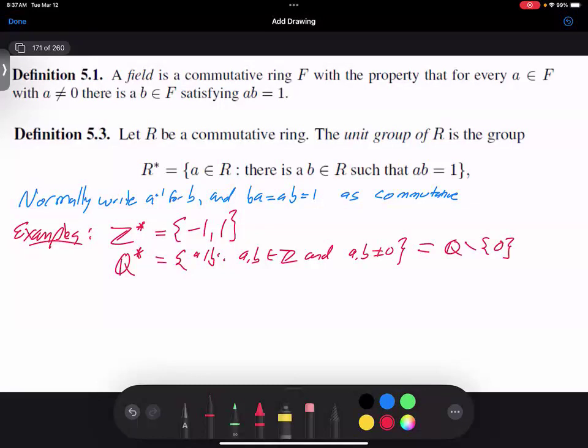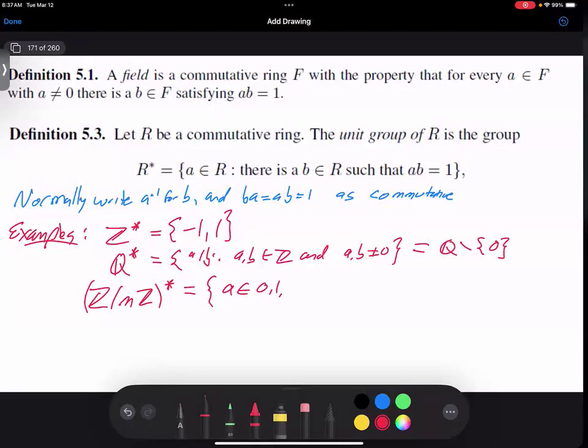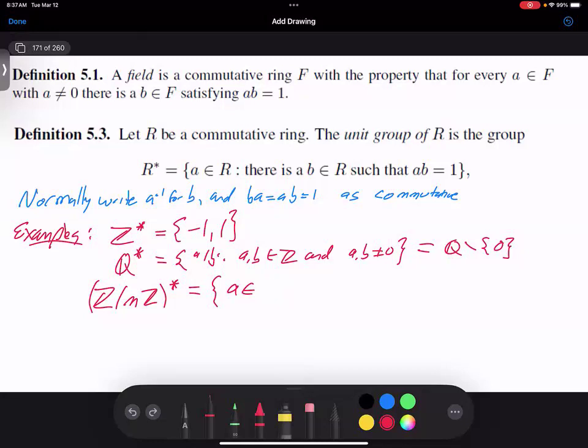What if I looked at Z mod mZ star? So this would be all the a in 1, 2, ..., m minus 1, such that, so which a will be invertible?